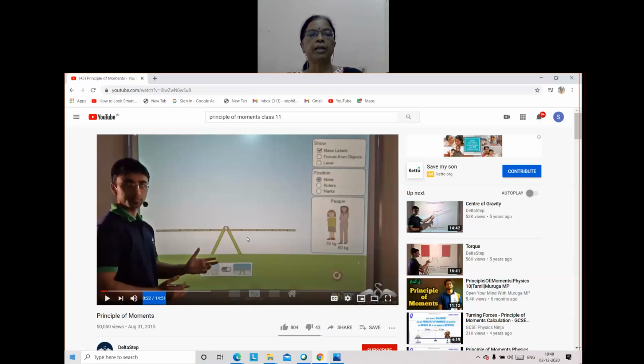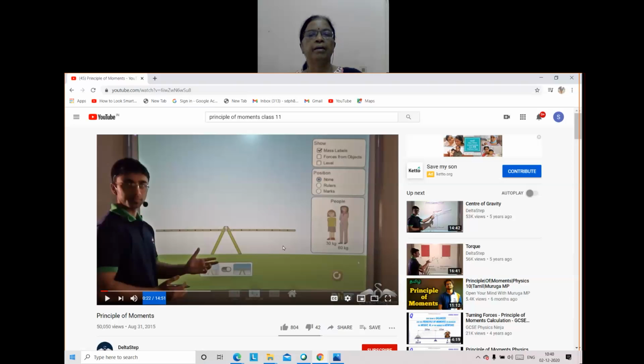Understand? Suppose I am asking a question. Suppose a 30 kilogram child is kept here, and there is a 60 kilogram lady here. Where should she be kept to balance this seesaw? The 30 kilogram child is sitting at 2 meter distance. So where do we have to keep the 60 kilogram lady to balance this?